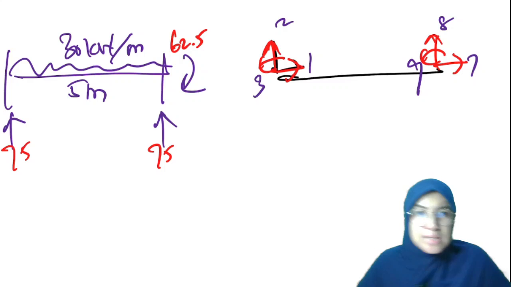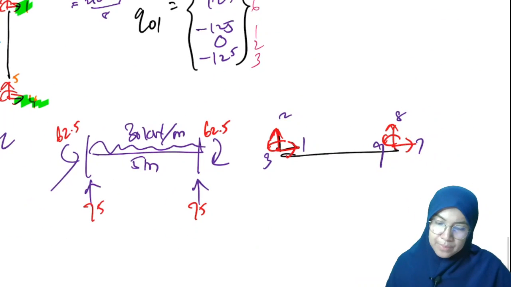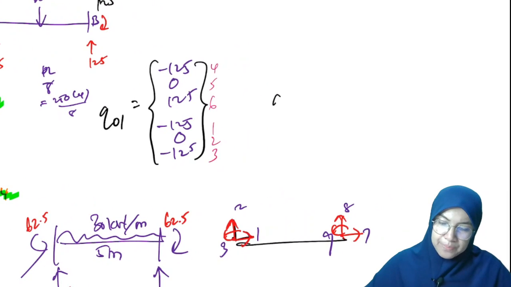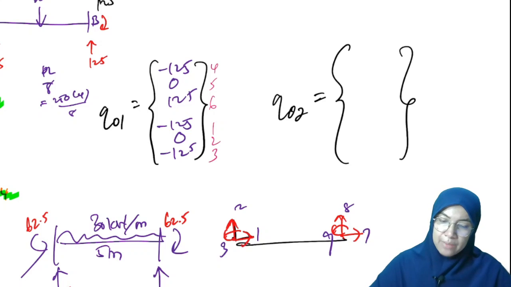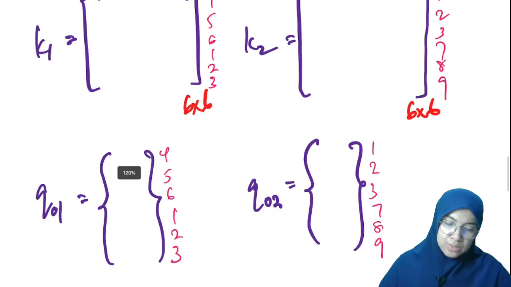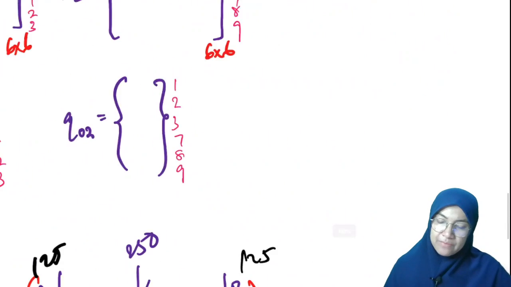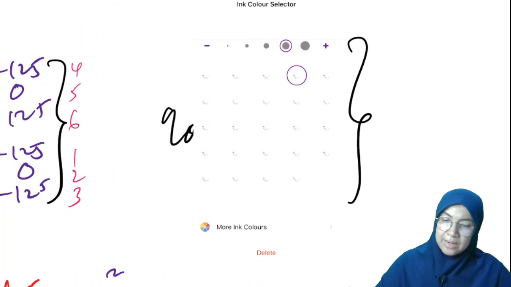We compare these two, and we will get Q naught 2 is equal to, okay, the label outside will be based on this one, 1, 2, 3, 7, 8, 9.